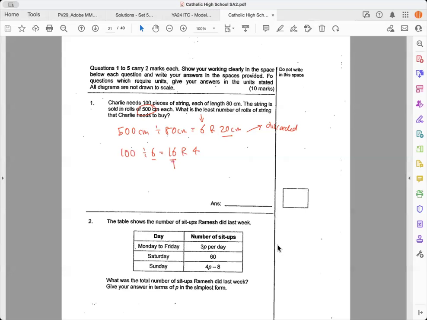This 16 represents the number of rolls. This represents the leftover strings that don't make up one roll. So you need one more roll to take into consideration these 4 strings. So altogether, you need 17 rolls.